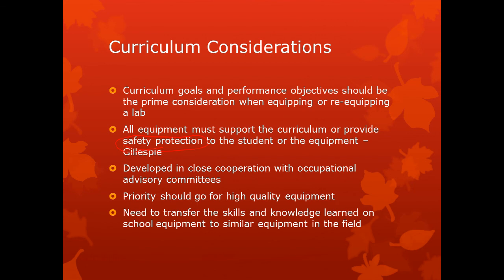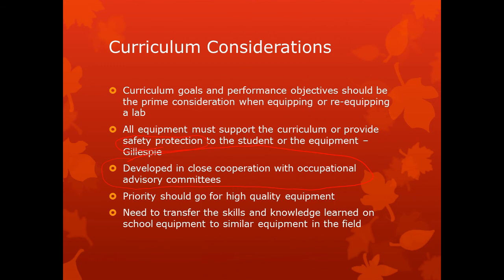Now, this equipment is also purchased and supplied with very, very close support from the Occupational Advisory Committee. You and I don't need to have any kind of piece of equipment in our lab that our advisory committee doesn't approve of or think that we should have.